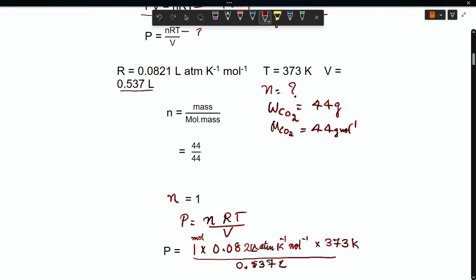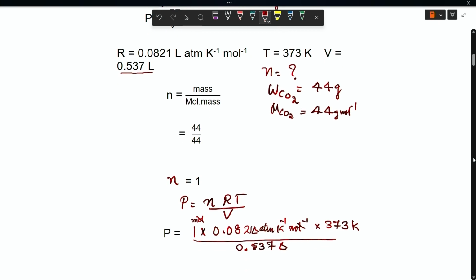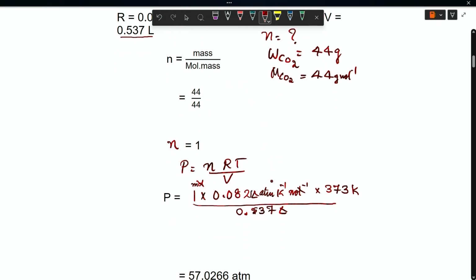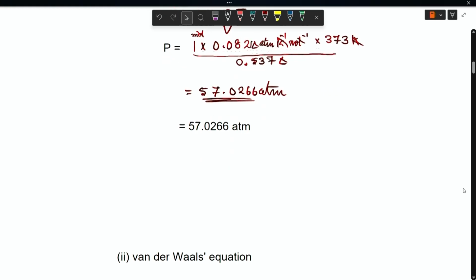Liter and liter get cancelled, mole and mole inverse get cancelled, Kelvin inverse and Kelvin get cancelled. So, the final answer will be in atmospheres and calculating we will get it as 57.0266 atmospheres. This is the pressure exerted by carbon dioxide according to the ideal gas equation, if carbon dioxide molecules are behaving ideally.